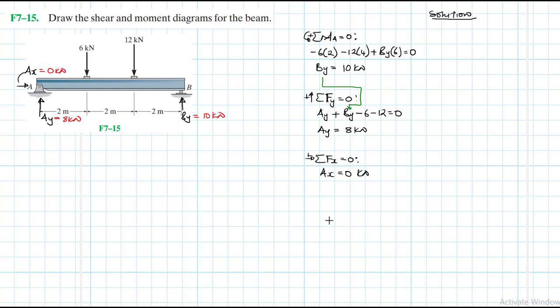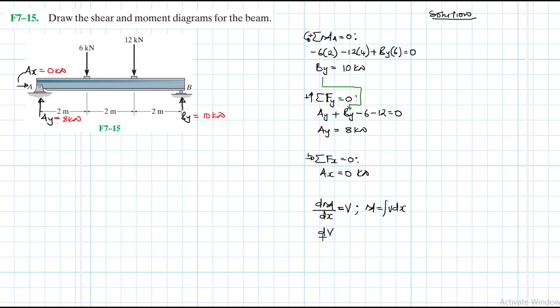Alright, so because we have a lot of intervals, if we were to use equations, we are better off just using two differential equations that relate the distributed load to the shear to the moment. So the rate of change of moment with respect to x is equal to the shear V, and therefore moment is equal to the area under the shear diagram.